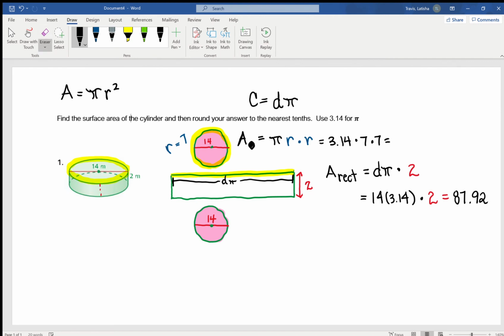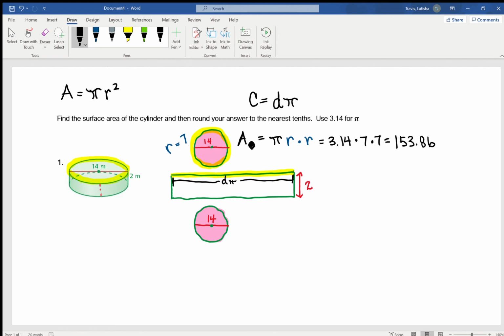I'm going to go ahead and erase the formulas for finding the rectangle. If you need to see those, just go ahead and rewind the video, just to keep things from getting all confusing and jumbled up. So then we need to just multiply to find the area of the circle. So the area of a circle is going to equal 153 and 86 hundredths.